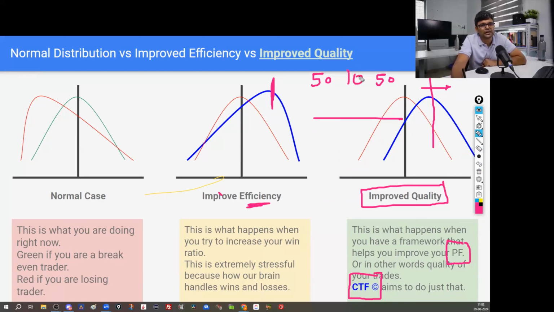Same logic, 10 trades, 50% trades, you win, 50% trades, you lose. What happens to your confidence? One trade, let's say winning trade gives you 1% confidence. Does not matter if you make 1,000 or 1 lakh, it is the same. 1% confidence.